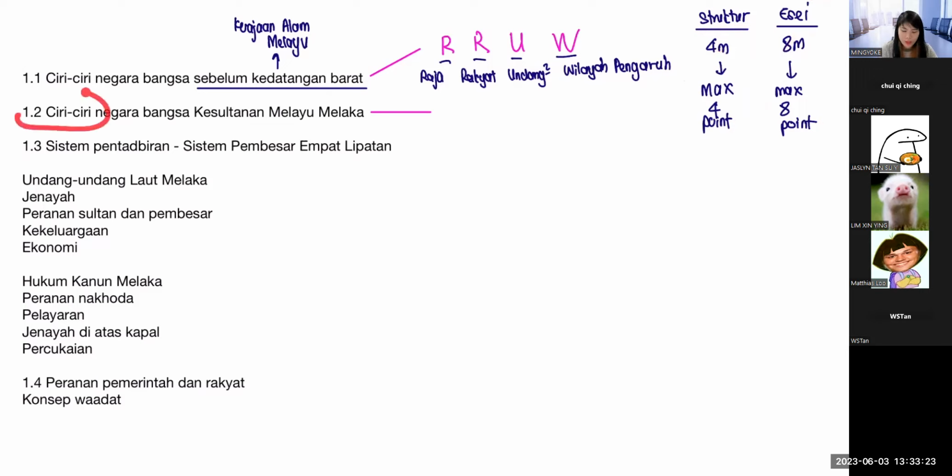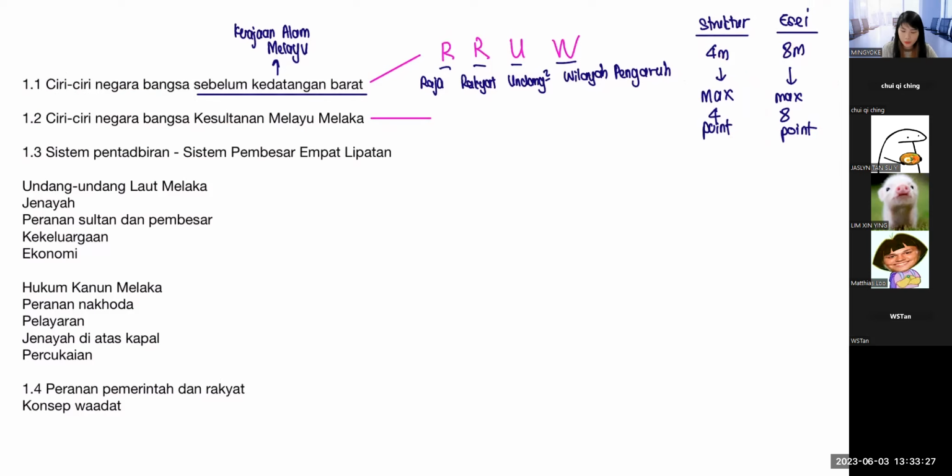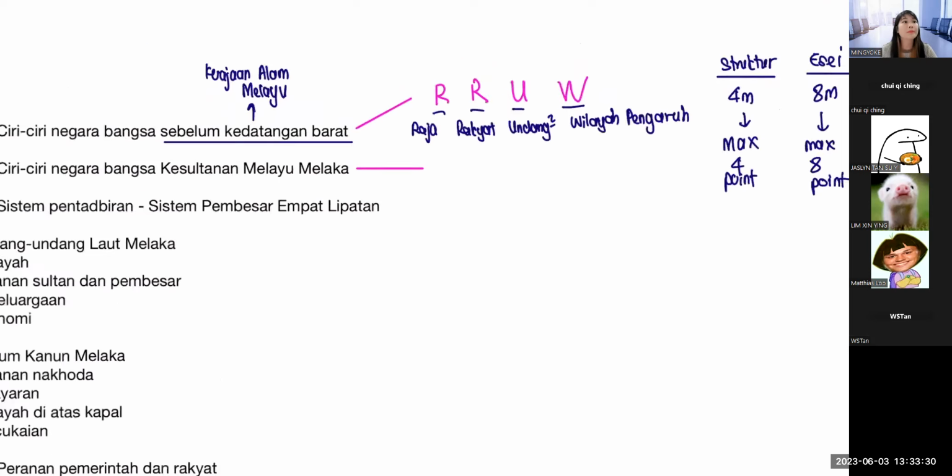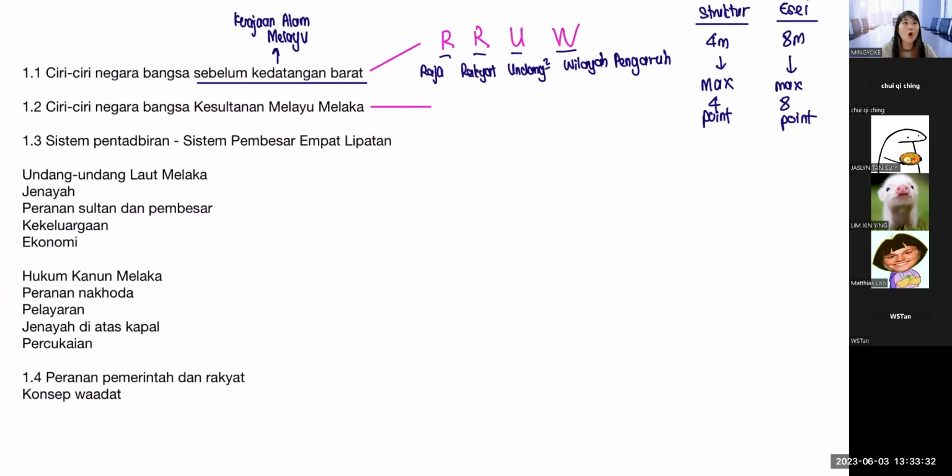Now we go into ciri-ciri negara bangsa Kesultanan Melayu Melaka. According to Kesultanan Melayu Melaka, remember I told you before, Raja means what? Sorry, after that we develop, right? We no longer only have Raja, because Raja alone cannot manage such a big empire of Malacca.